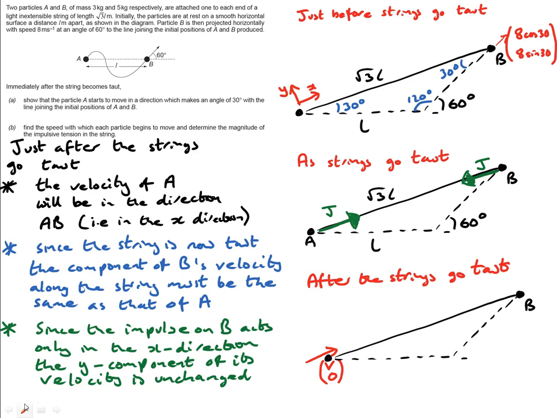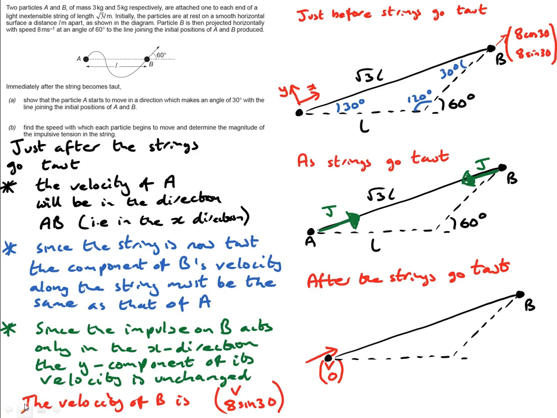Now B is experiencing an impulse along the string. So that means that there is no impulse in the y direction, so the y component of its velocity is unchanged as the strings go taut. Now we know that initially, before the strings go taut, the y component of the velocity of B was 4. So that means after the strings go taut, the y component of the velocity of B must also be 4.